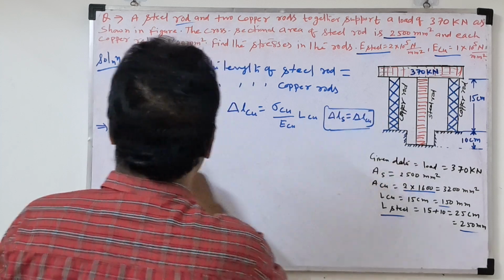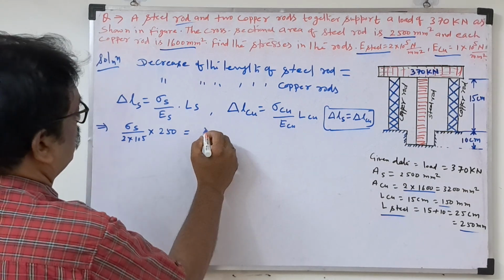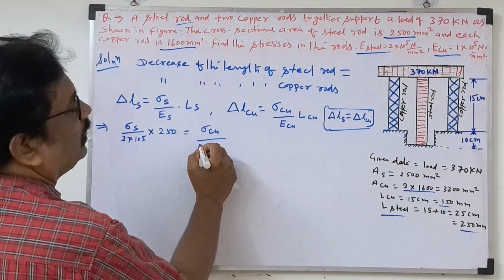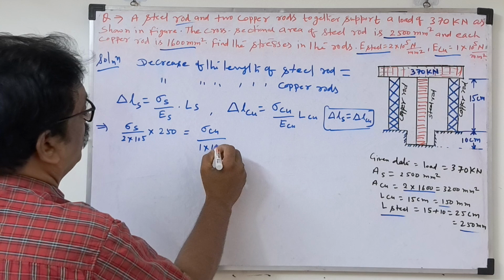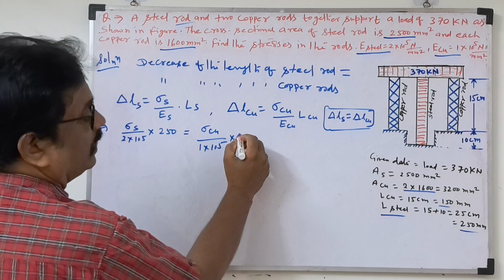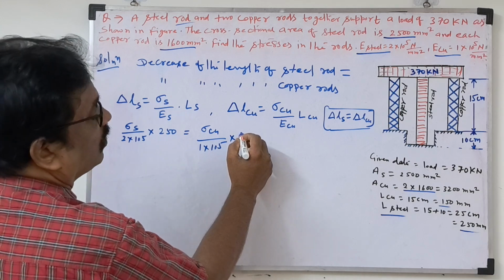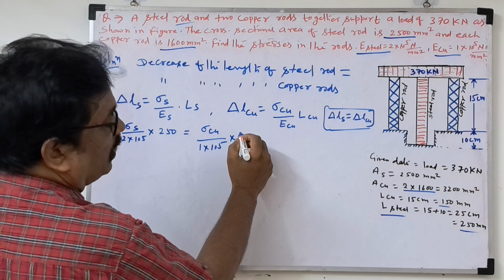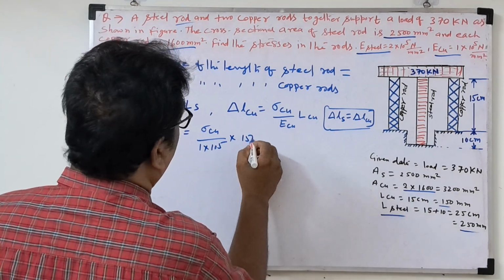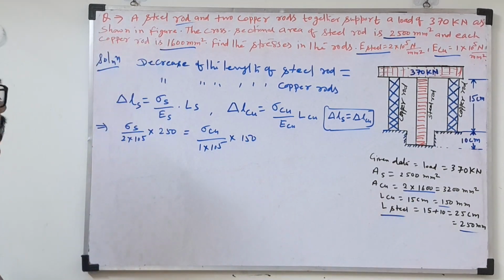This we wrote here. Now we write sigma Cu by ECU, with 1 into 10 to the power 5, into the copper length, which is given as 150. We'll get the relation for the stress of copper.